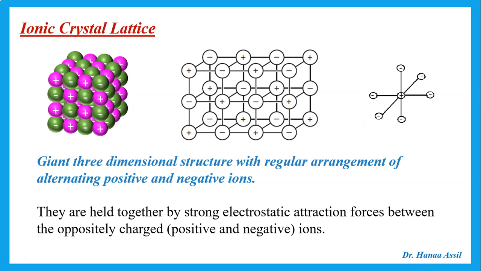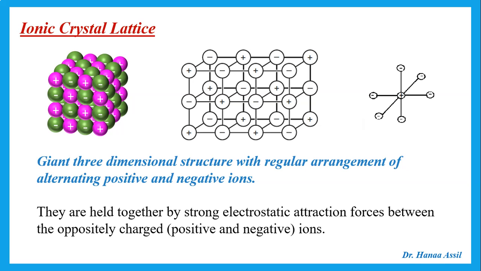Now, as a result of this, what kind of melting point will it have? It will have a high melting point. We're going to say that all giant structures have a high melting point. So ionic crystals, for example, have a high melting point because they are held by strong electrostatic attraction forces between the oppositely charged ions.